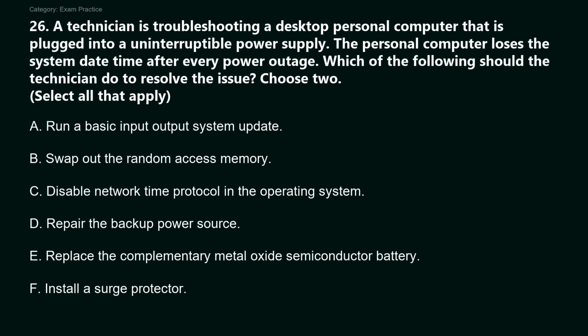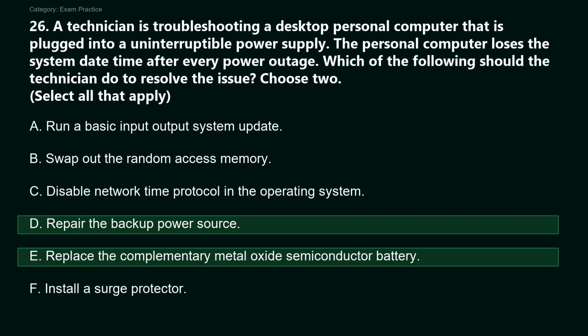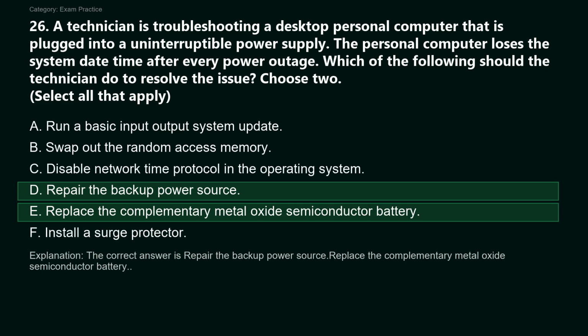Option D, repair the backup power source. Option E, replace the complementary metal oxide semiconductor battery. Option F, install a surge protector. The correct answers are options D and E, repair the backup power source, replace the complementary metal oxide semiconductor battery.